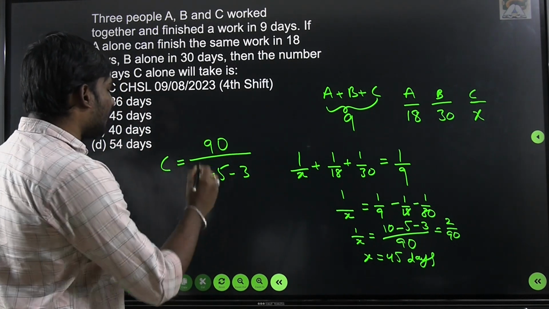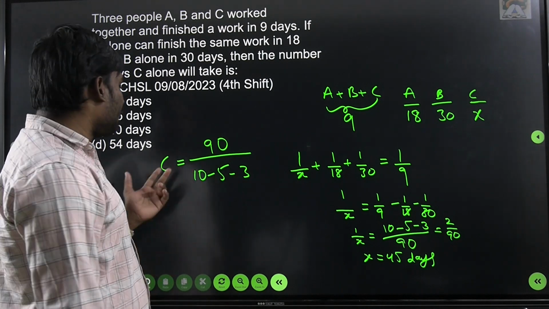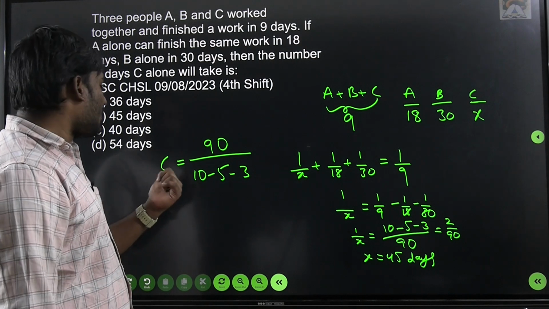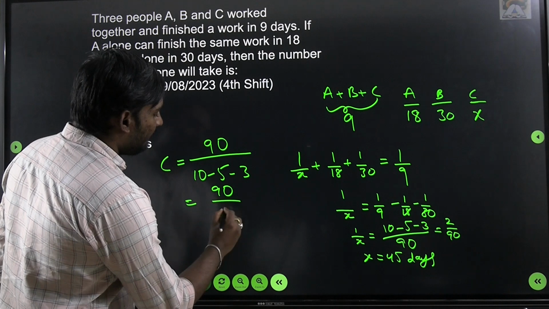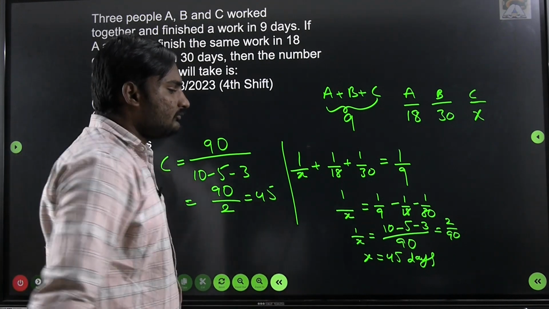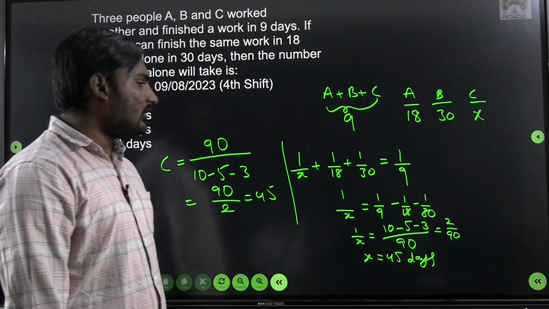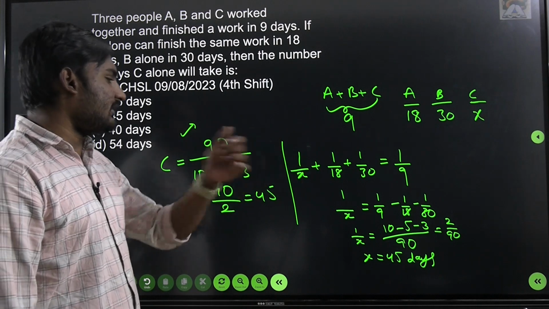Total work minus individual works, we get the unknown individual work. Directly we will get 90 by 2, which is 45 days. We can do this method or that method as per our convenience. This is somewhat easier than that.